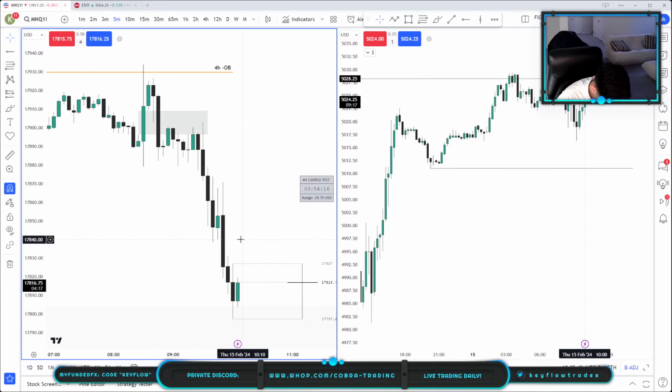Fair value gap right here. SMT's there, everything's there for a potential long. We'll see what it does to this fair value gap.